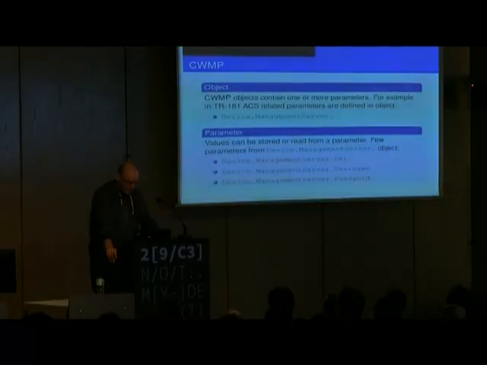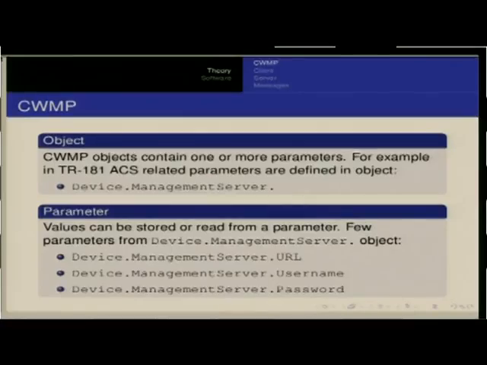Yeah, so what are objects and parameters? Objects contain parameters. Objects end with a dot, that is how you can easily recognize them. And in parameters are stored values, and you can view or change the values.